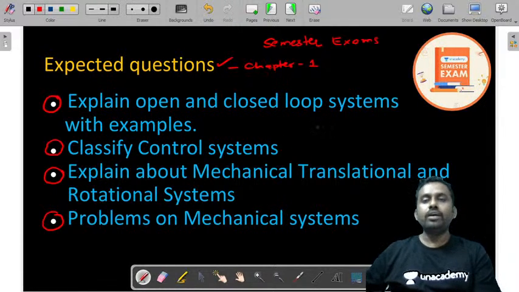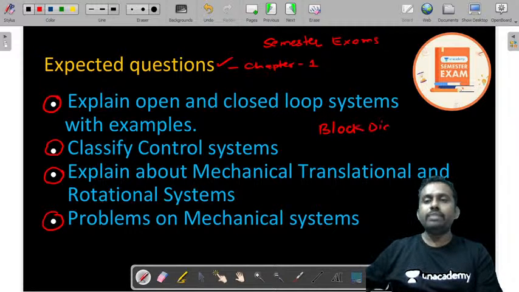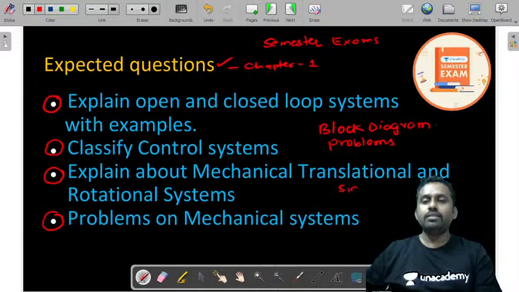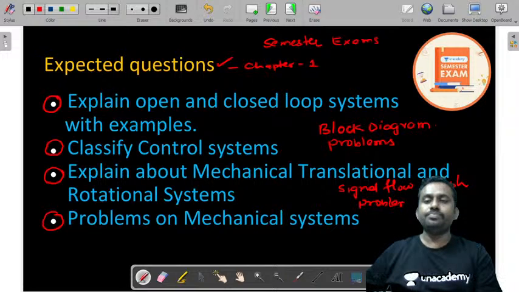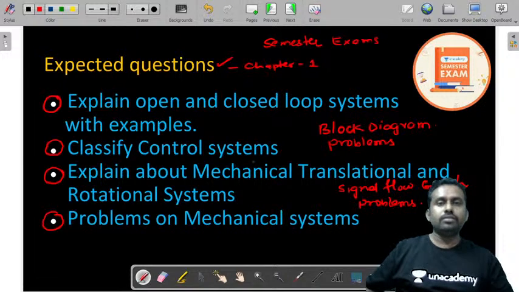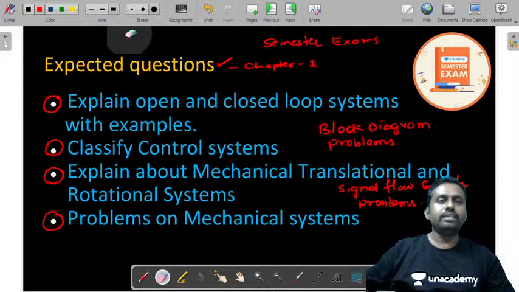Along with this, you will also have block diagram reduction technique, procedure, and problems based on them, as well as Mason's gain formula based signal flow graph method and problems based on them. Alright, so these are some of the expected questions you can see.